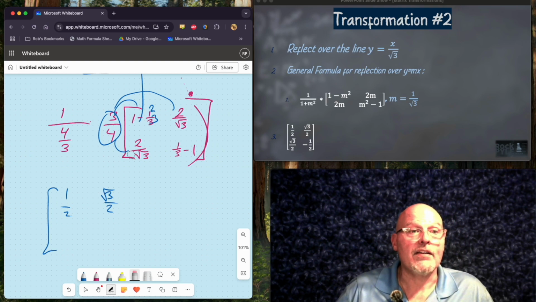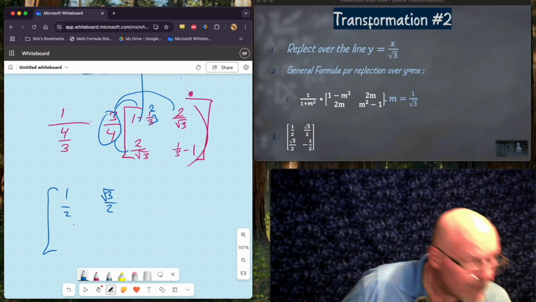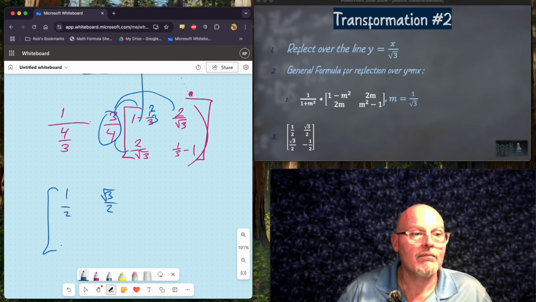And then similarly, this is going to be positive root 3 over 2, again, because it's the same.